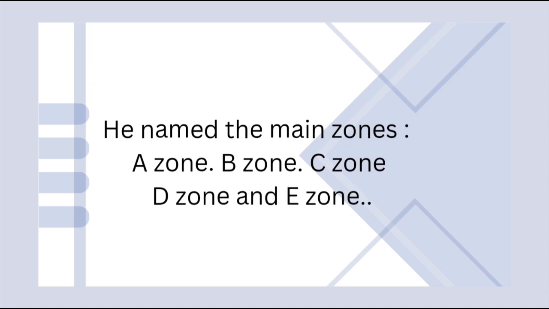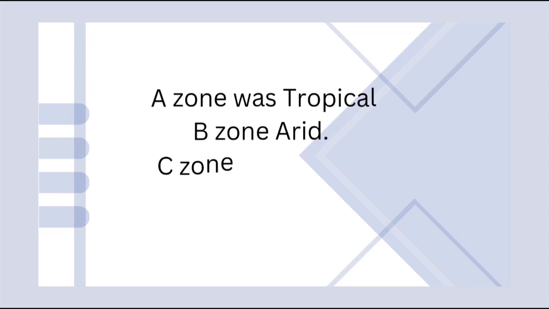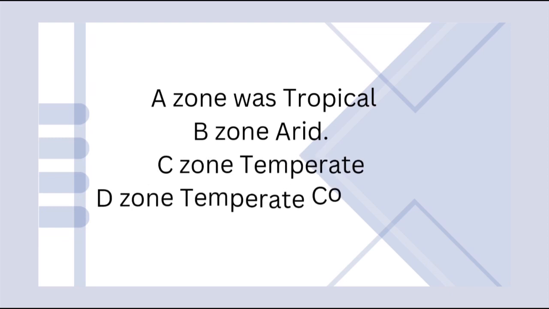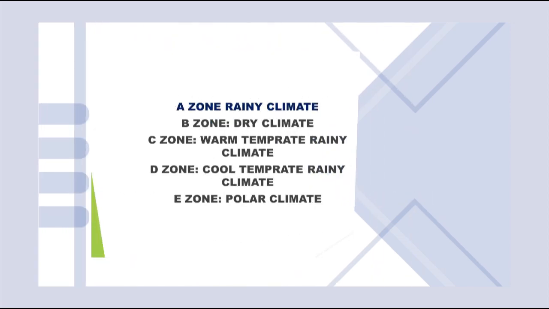Tropical, B. Arid, C. Temperate, D. Continental or interior climate, and E. Polar or Arctic climate. Technically, he divided the world into 5 climatic belts with alphabets A to E as the variants or types of belts in the climatic region.